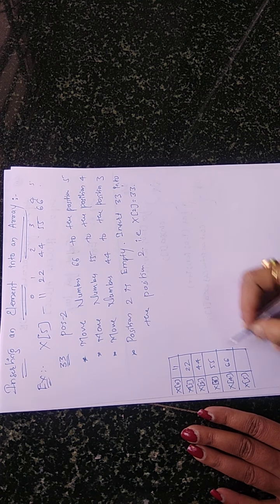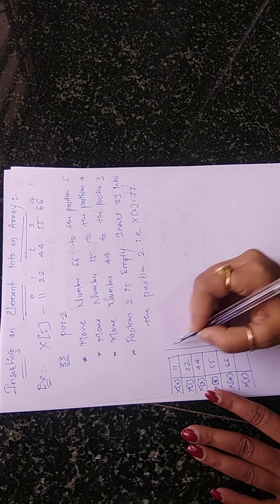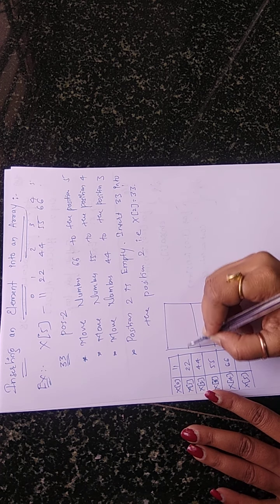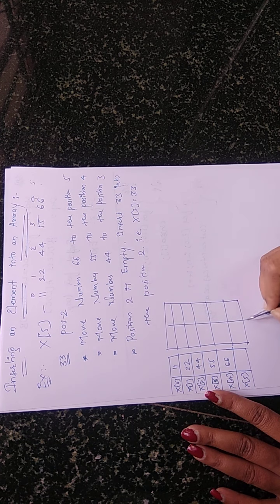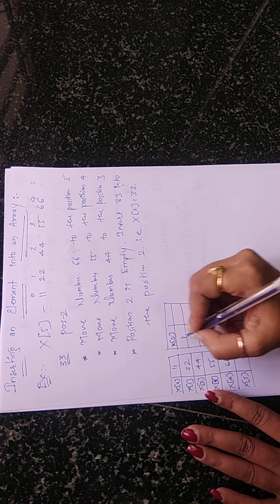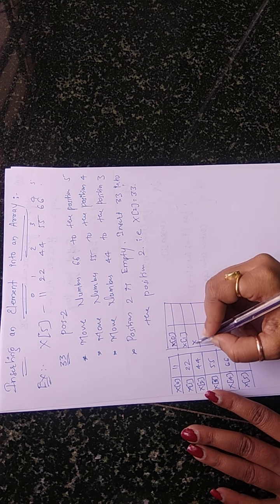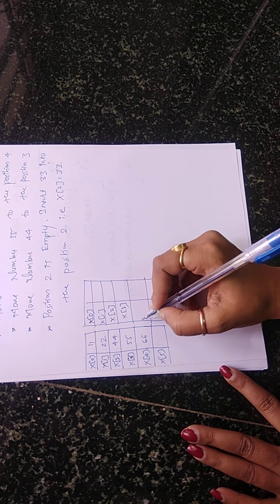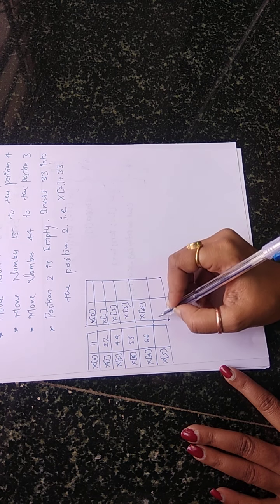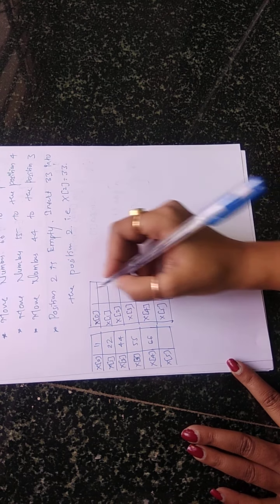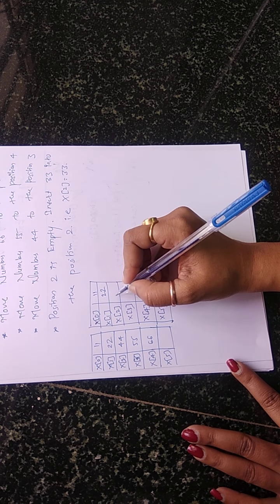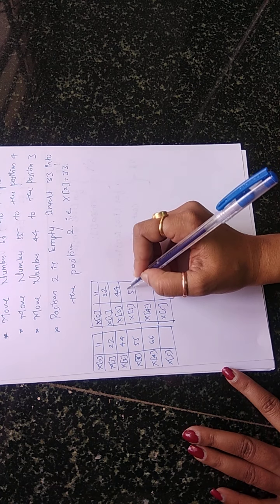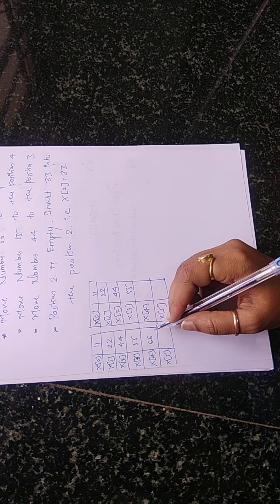This 66 we have to move here. So, X of 0 is as it is, X of 1, X of 2, X of 3, X of 4, X of 5. 11, 22, then comes 44, 55. What are we doing?